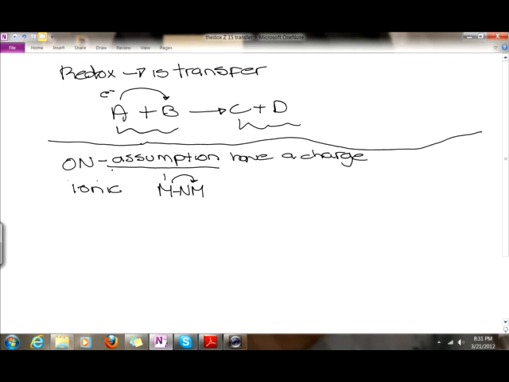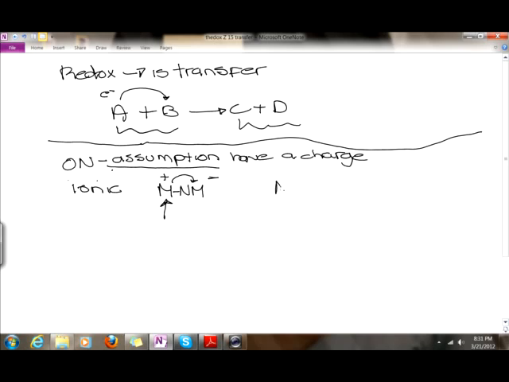So here you have a positive charge and a negative charge. The least electronegative element is on the left, and the most electronegative element on the right is going to be accepting the electrons. In this case, the ionic compound, each element has a charge.